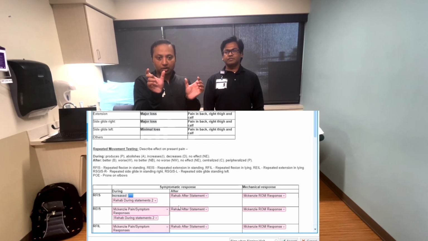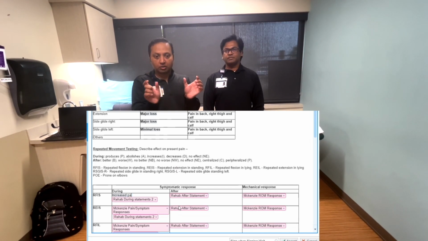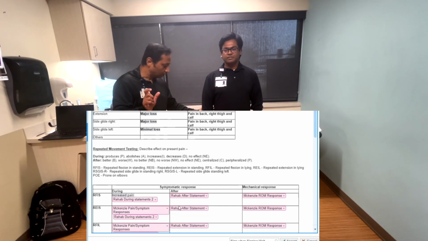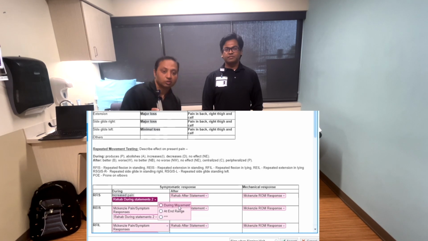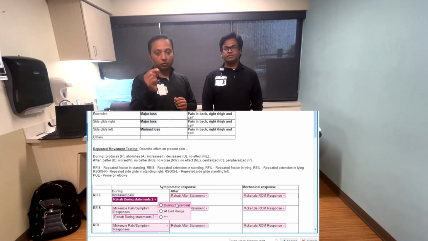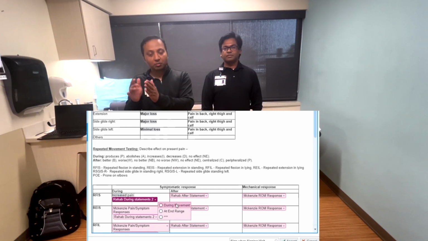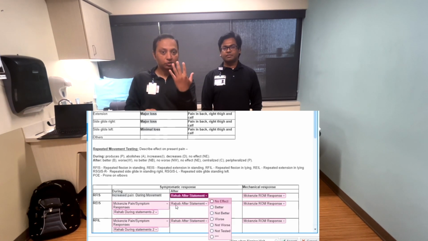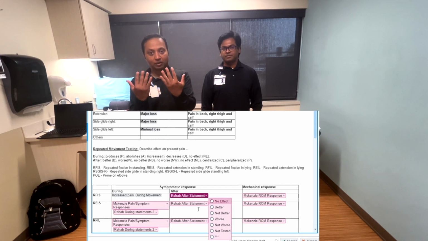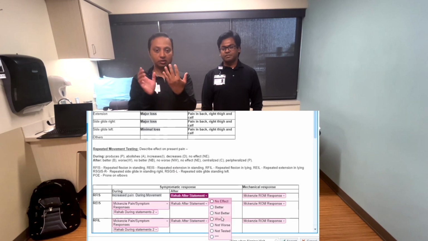Under symptomatic response, we have 2 tabular columns where we can describe the location of symptoms, which in this case is low back all the way down to the calf, the most distal symptoms. We are also going to mark increase in symptoms during movement. In the next tabular column, after, we are going to mark it as worse. So we want to know what happens during, and what happens after, whether it remained worse or remained better and such. So that's under symptomatic response.